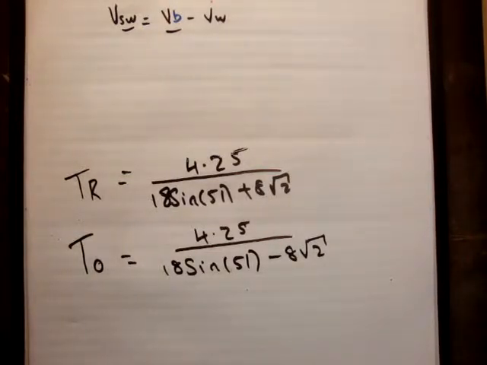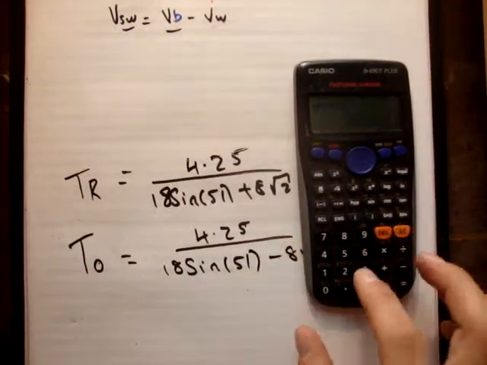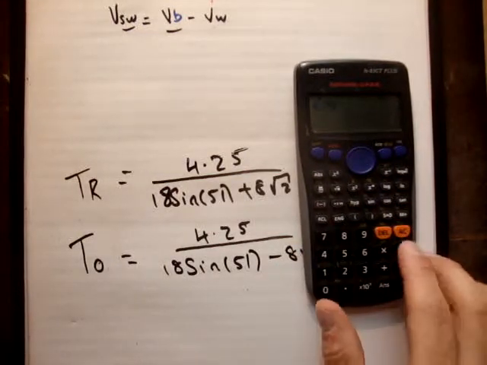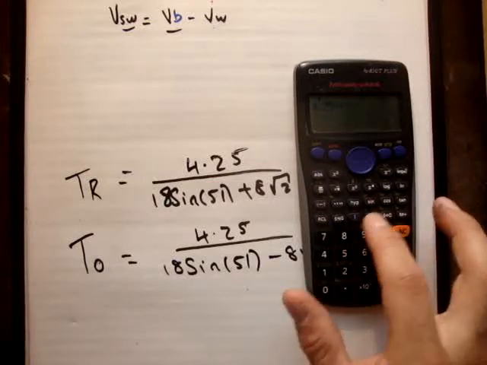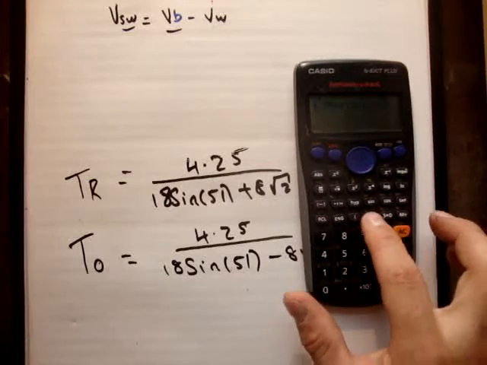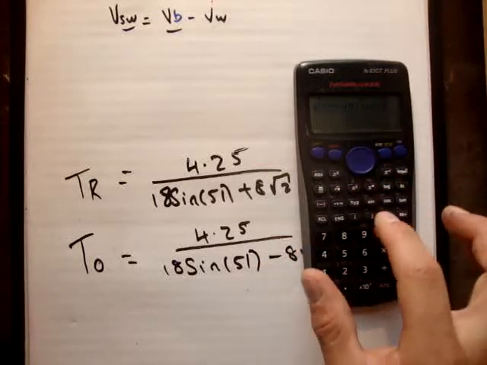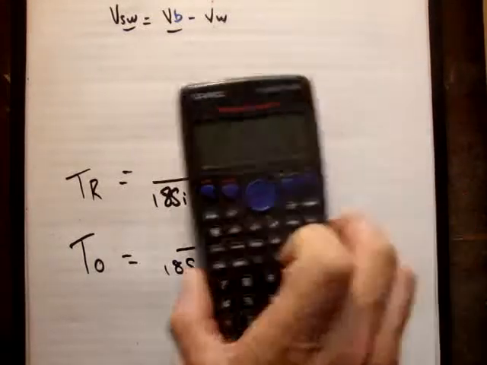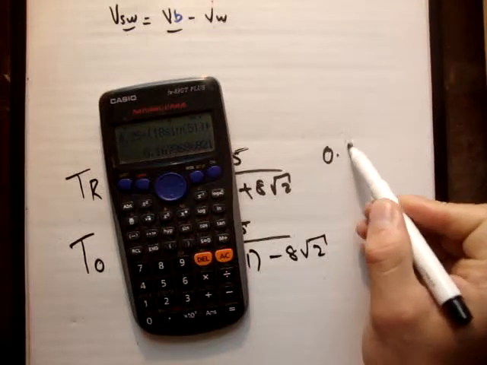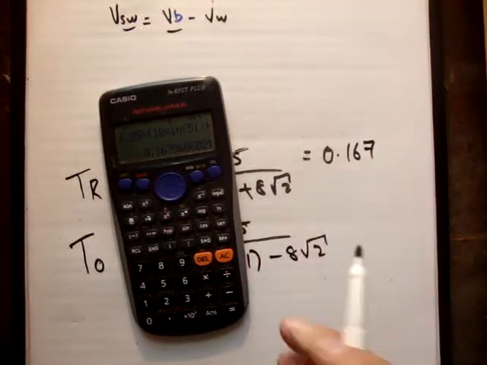I'm just going to put these into decimals because I really don't want to do this. So you have 4.25 divided by 18 times the sine of 51 plus 8 root 2. Just be careful with your brackets. That turns out to be 0.167.